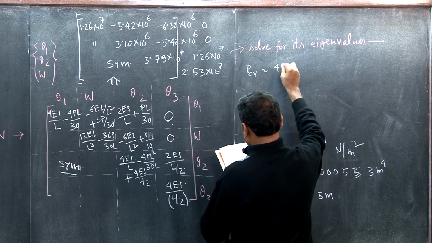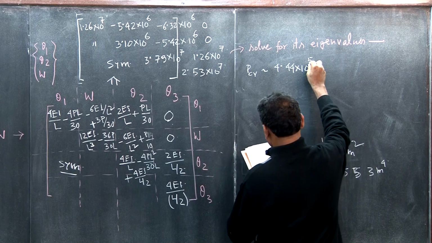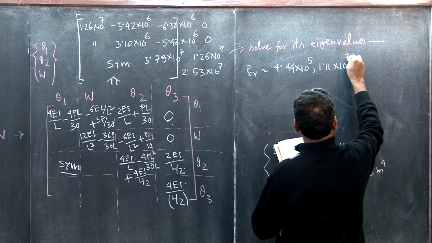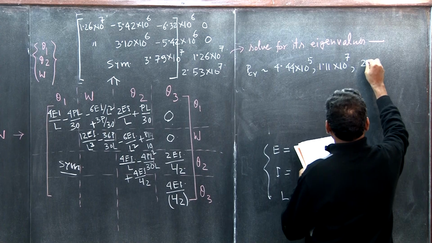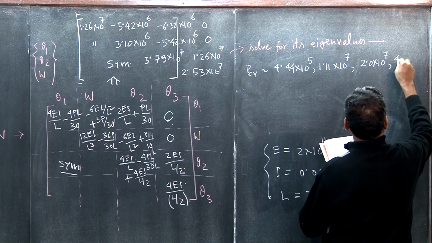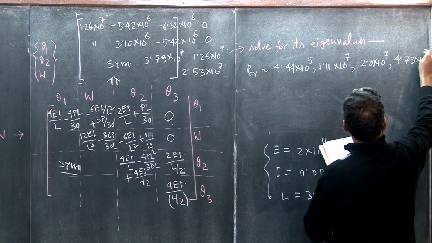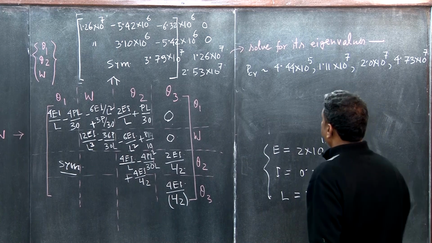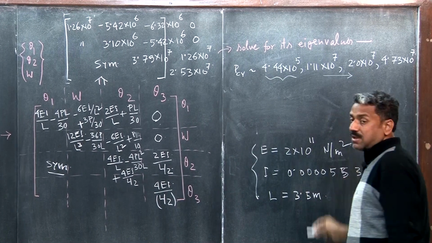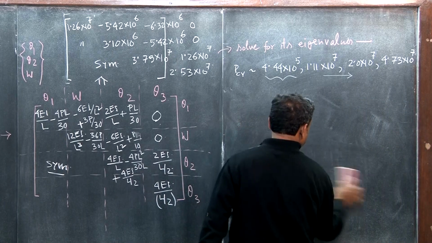Let me write down 4.44 into 10 to the power 5, 1.11 into 10 to the power 7, 2.0 into 10 to the power 7. You can use a MATLAB command, it will directly give it. So the fundamental critical load is important. You see that all others are increasing.